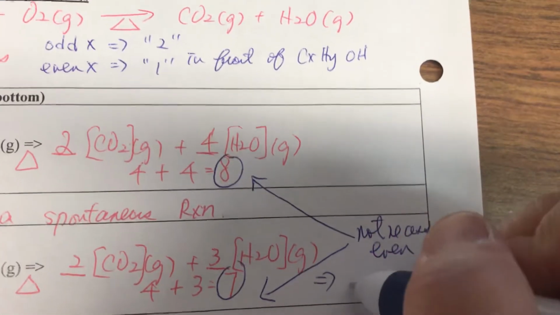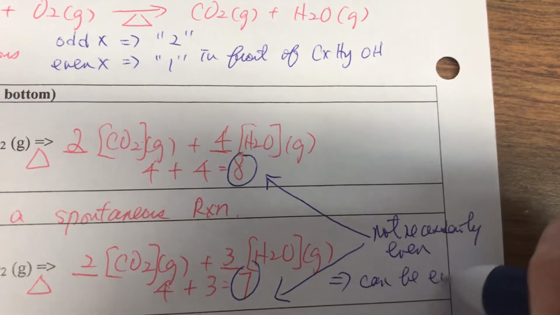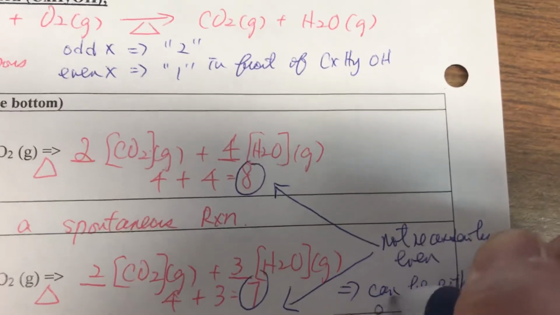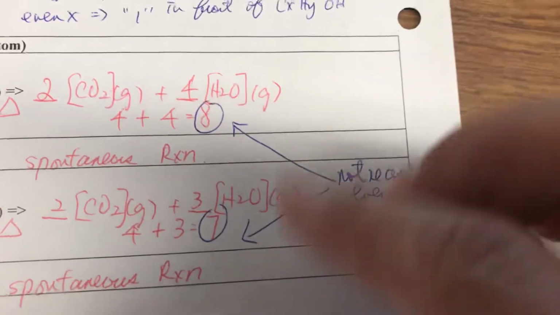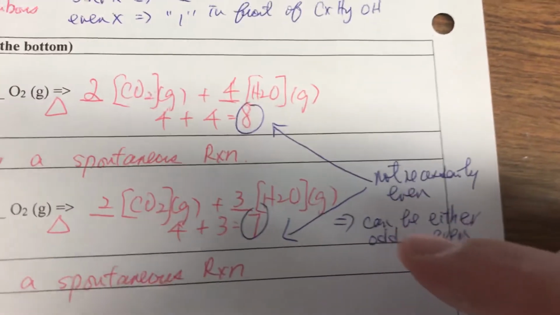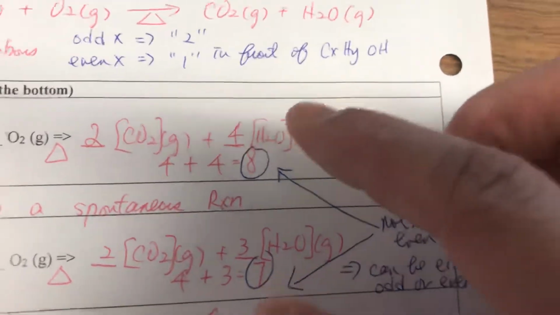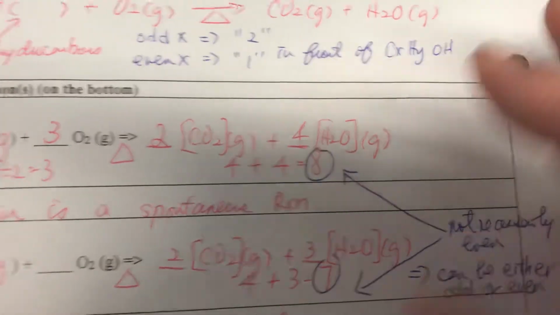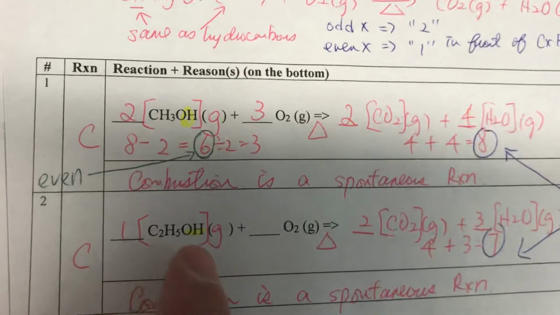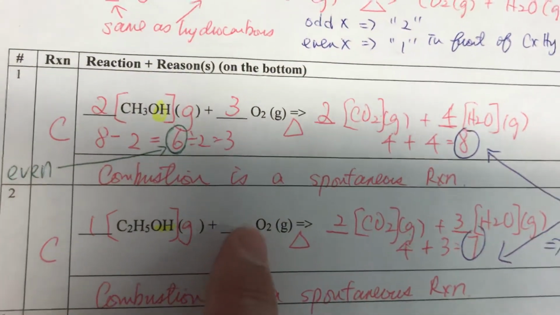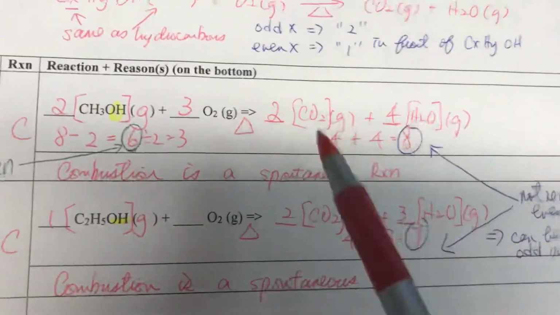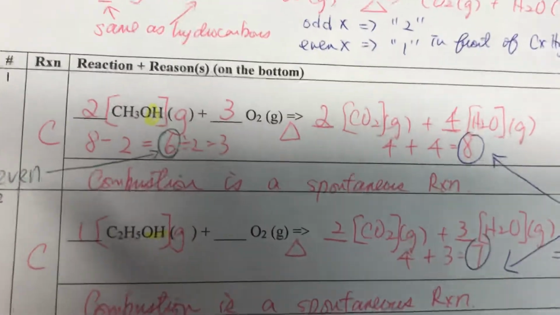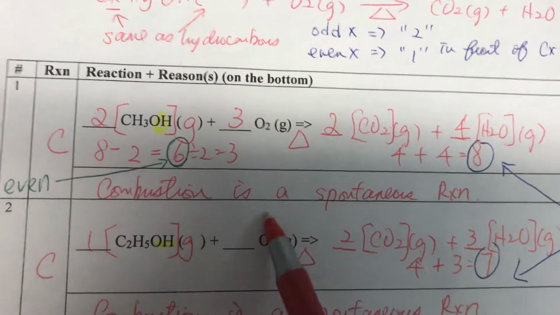These two numbers can be either odd or even, because this number just tells me how many oxygen on the right hand side. Because on the left hand side, I'm not just having this oxygen here, I also have oxygen on the left. So as I said, if the right hand side is 7, the left hand side totally should be 7. So this plus this will be 7.